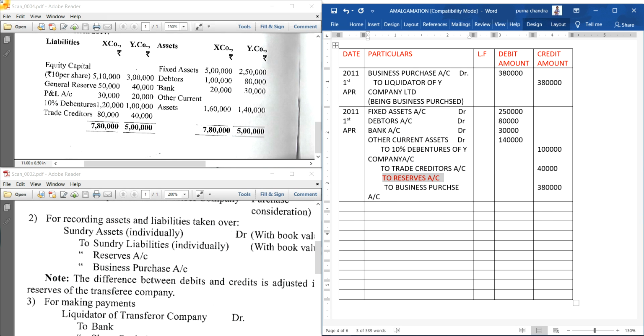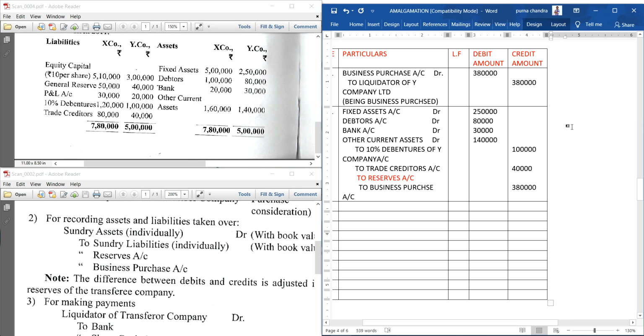Please calculate the debit total first. The debit total is 5 lakhs because we have taken all the assets. And the credit total: 3 lakh 80,000 plus 40,000 plus 1 lakh. So what is the credit total? Debit is equal to 5 lakhs.